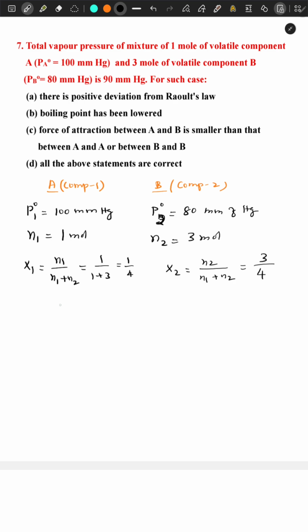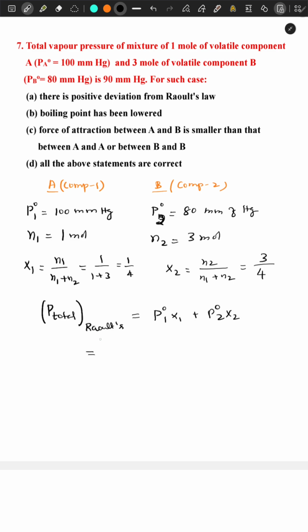After knowing that, you can calculate P total, that is the vapor pressure of the mixture. Using Raoult's law you calculate. What is the Raoult's law formula? That is P01 Chi1 plus P02 Chi2.